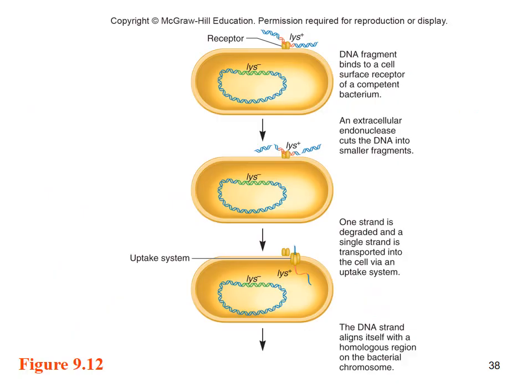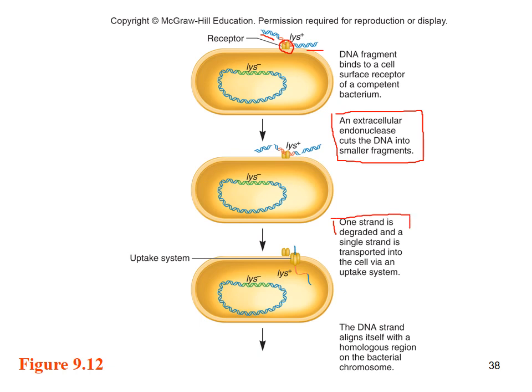So here we go in our illustrative example. We're going to see that we have receptors on our competent cells that are able to detect and interact with extracellular DNA. And remember, they're going to utilize those endonuclease enzymes to break it up into smaller fragments. And at one point, we're going to degrade one of the strands of the double strand.